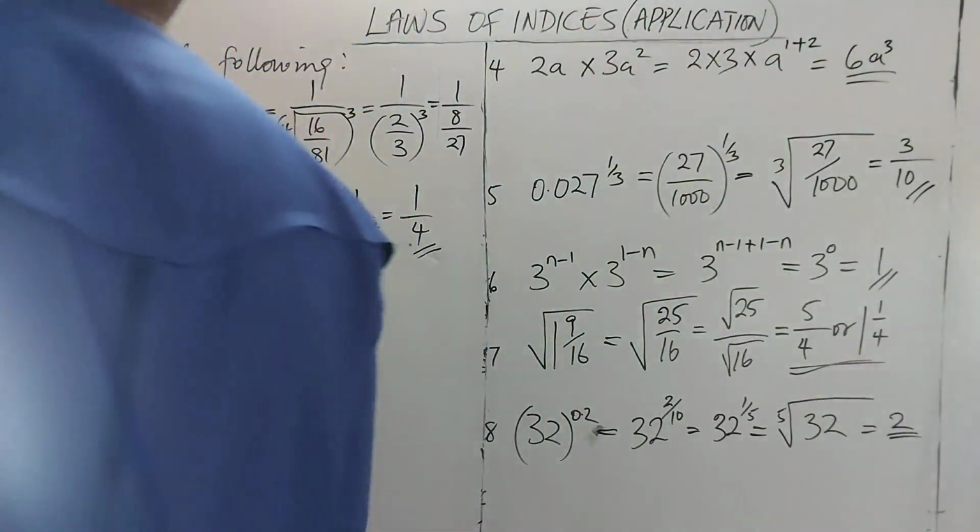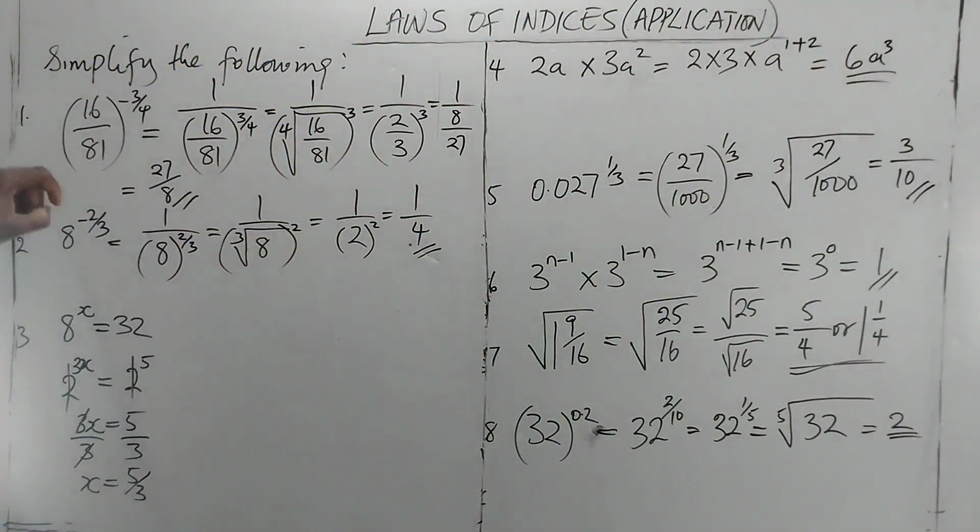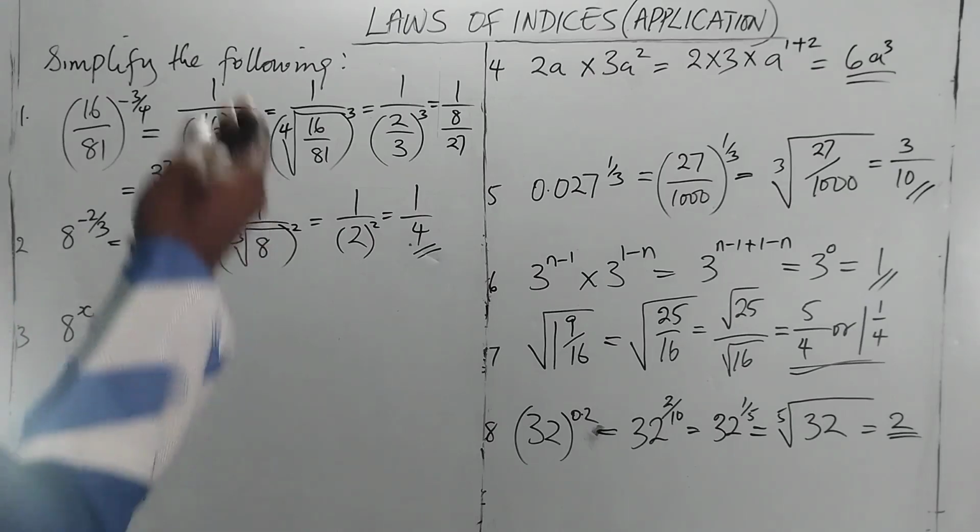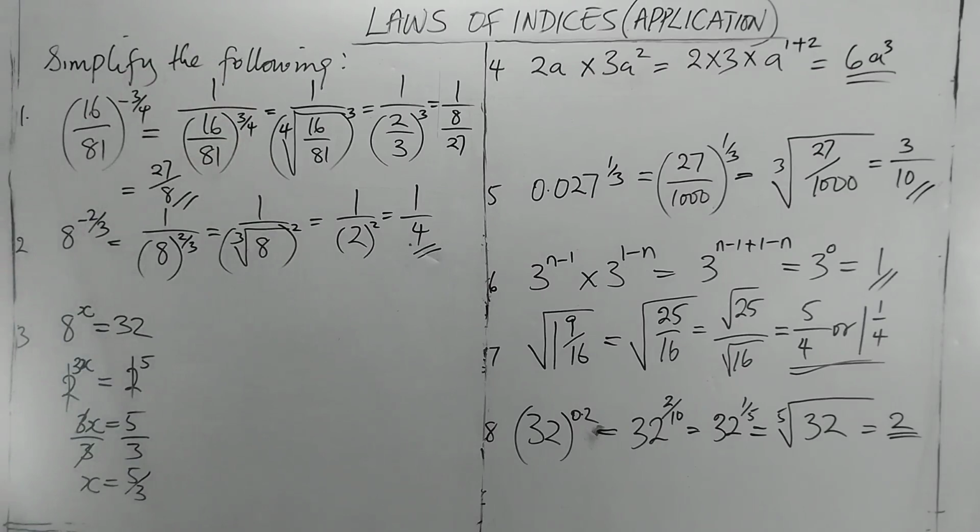So we have seen that anytime you are given a question to solve in indices, you can apply more than one law. You can apply 2 up to 3 in order to solve the question. So there is no need memorizing the laws. It all depends on knowing how to apply the laws.